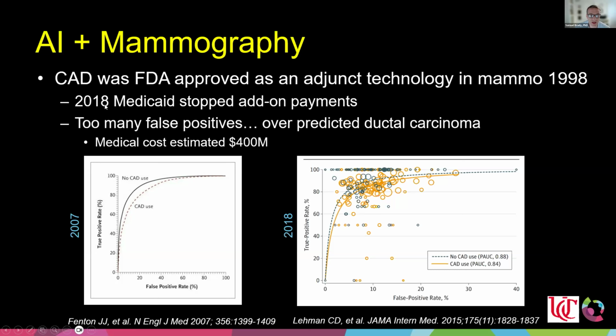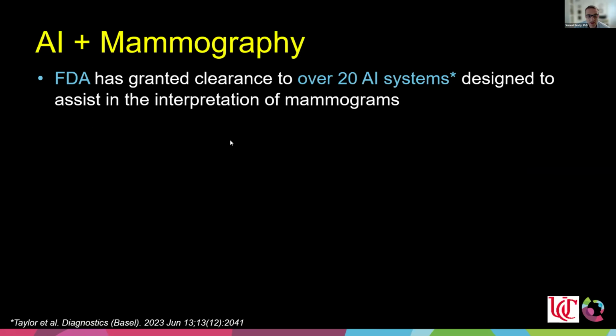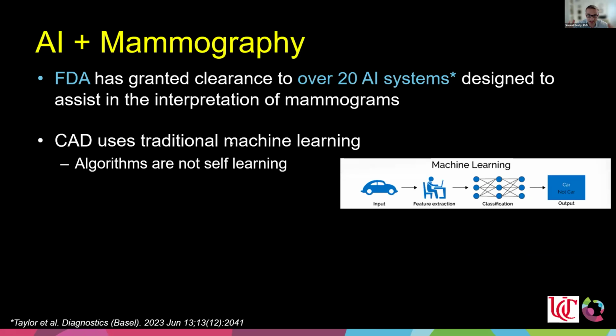But in 2018, Medicaid, our government agency that reimburses for these studies, stopped doing that because false positives in CAD technology were too high. We were seeing over $400 million of unnecessary medical cost based on unnecessary biopsies, high recall rates, etc. So we've stopped. CAD technology is still available, but you just can't be reimbursed for it.